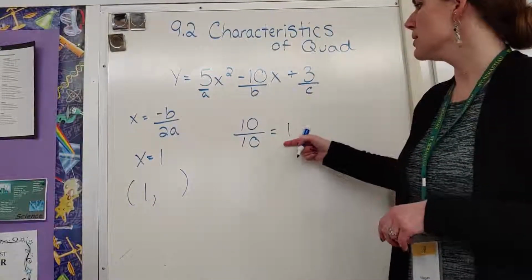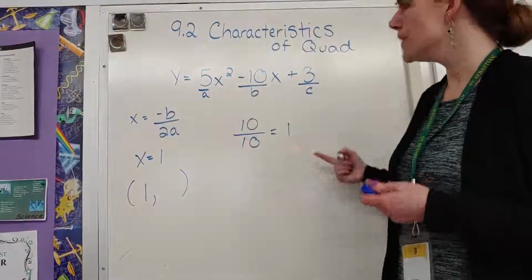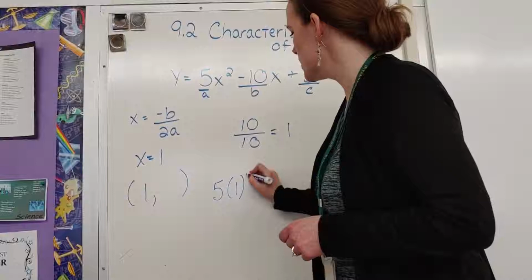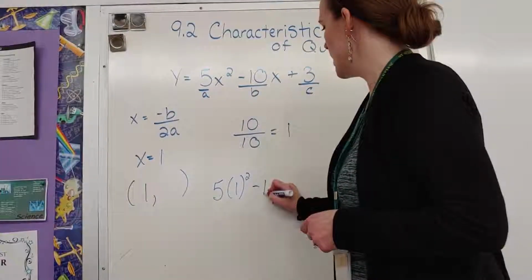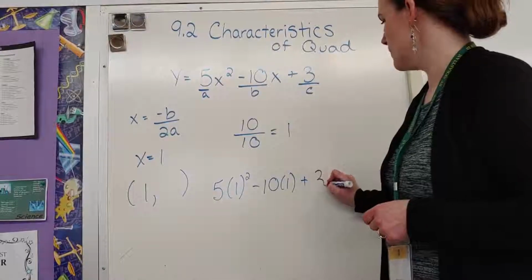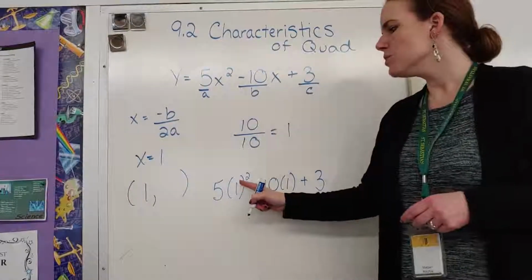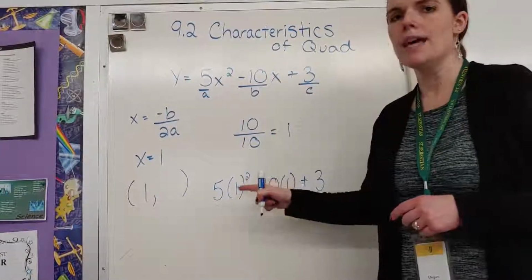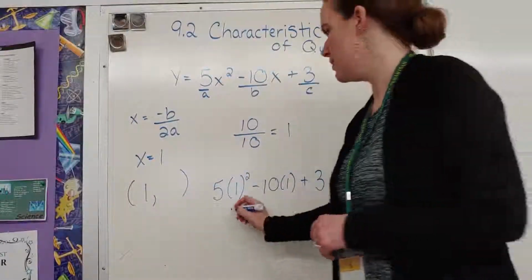Now I'm just going to plug that 1 in to figure out my something. So I'll have 5 times 1 squared minus 10 times 1 plus 3. Always do your squaring first. 1 squared is 1, then you times it by 5.